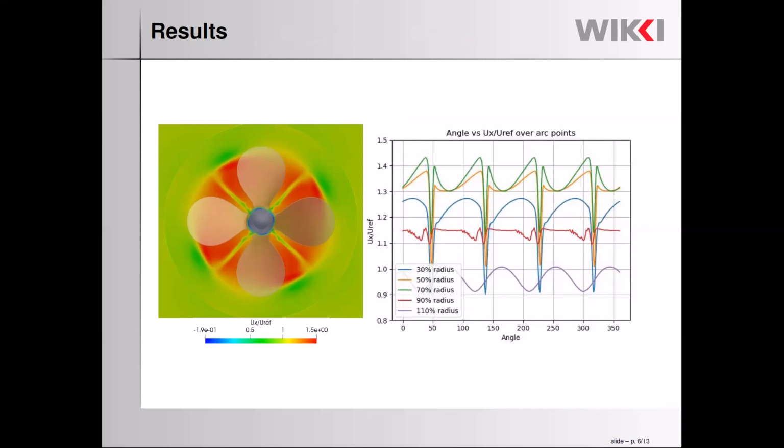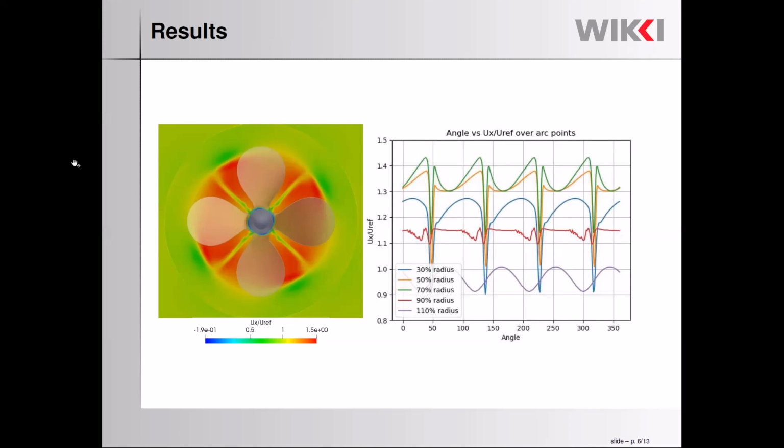I repeated the same post-processing technique, and on the right you are able to see how the velocity changes in the radial direction at different radii. So this is showing you 30, 50, 70, 90, and 110% of the radius of the propeller, and you can see how the velocity develops.